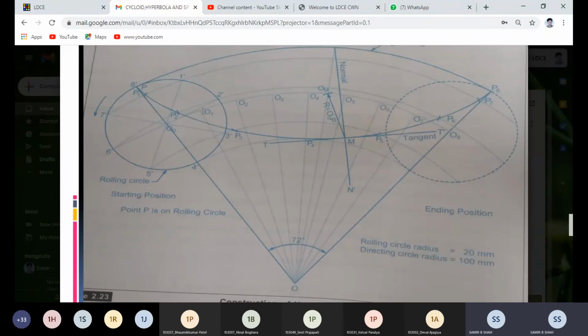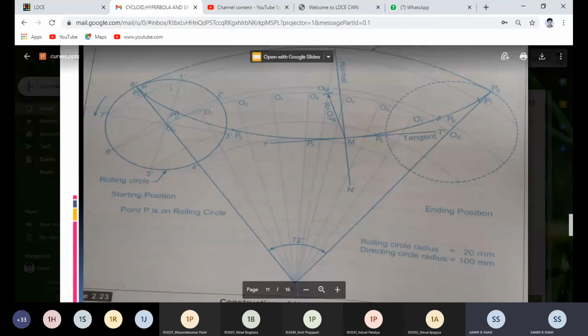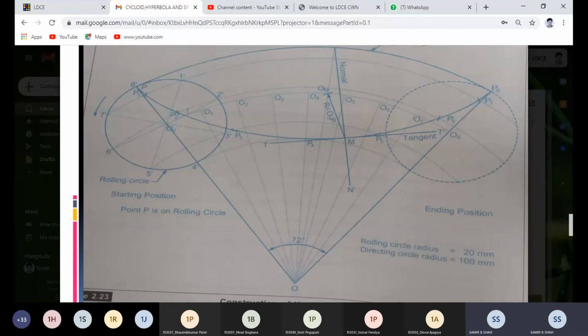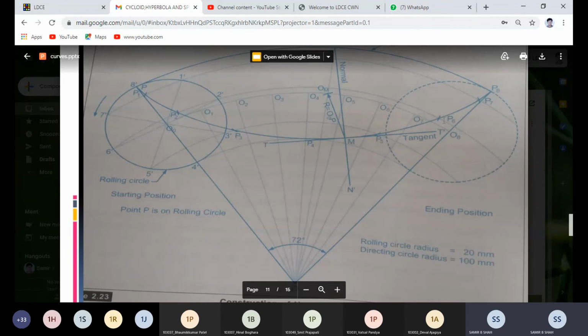O1 is the center, radius is equal to 20 mm, and it may intersect on one circle arc. Same way, O2 center and two number circle arc. Same way A7 and A8. Okay, so join all the points P1, P3, P7, P8, which is a smooth curve and is known as a hypocycloid.